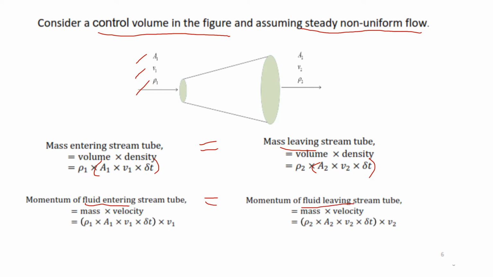Okay, we calculate momentum as mass times velocity. So we have bigger M times V for momentum calculation. So mass M is density times area times velocity times change of time. Okay, same also for fluid leaving the stream tube.